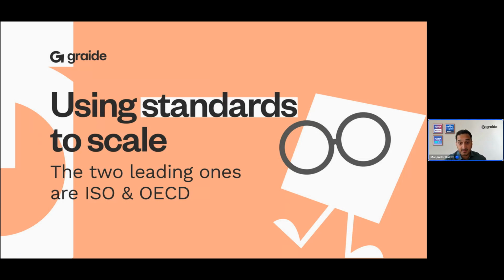The two that come to mind immediately are ISO, that's ISO 42001, and the OECD AI principles. When we talk about ISO, it's really the first global standard that's specifically created for AI management. Think of it like the extension of the ISO system that you probably already use, like 27001, but tailored for artificial intelligence.